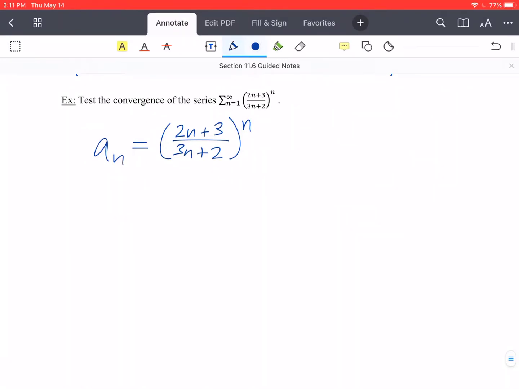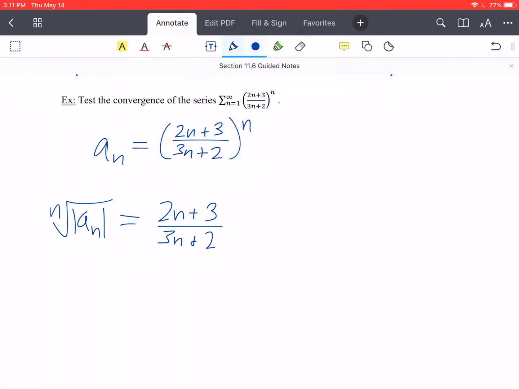The absolute value isn't going to change anything, so that's just going to be 2n plus 3 over 3n plus 2, because n is always positive.